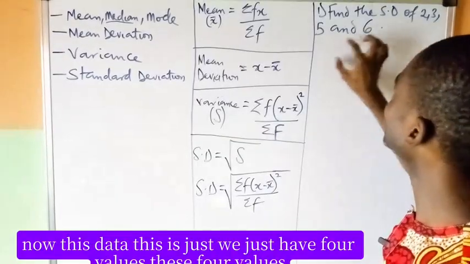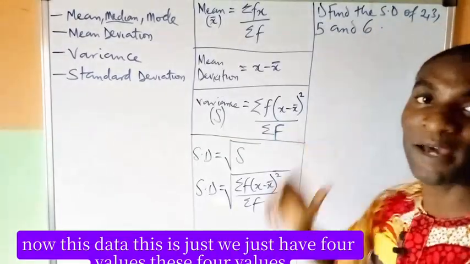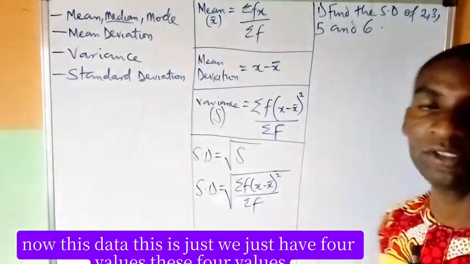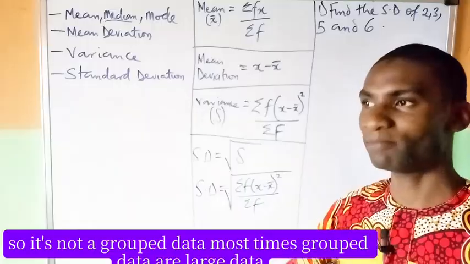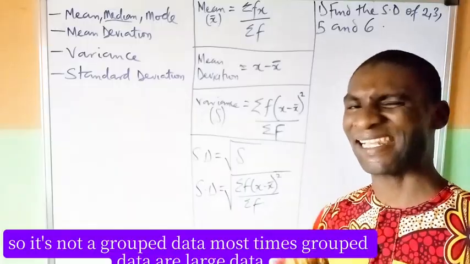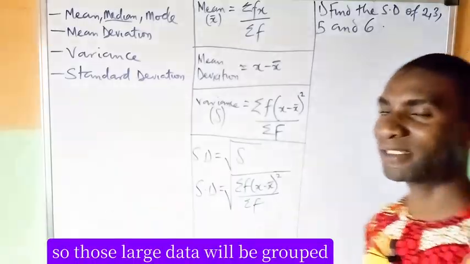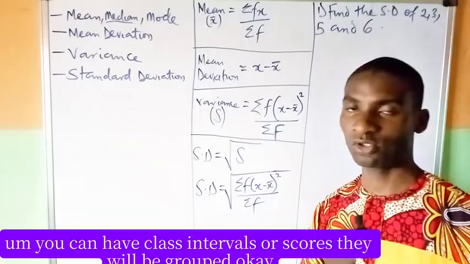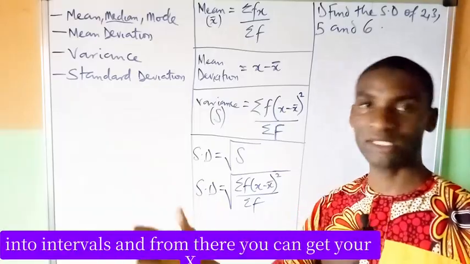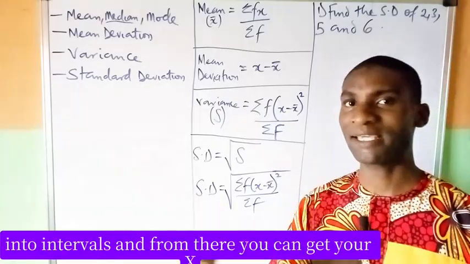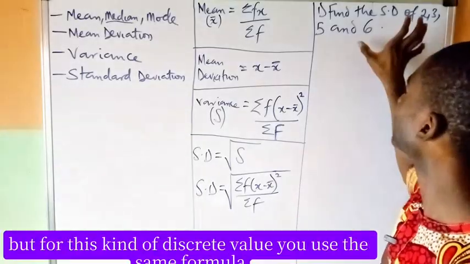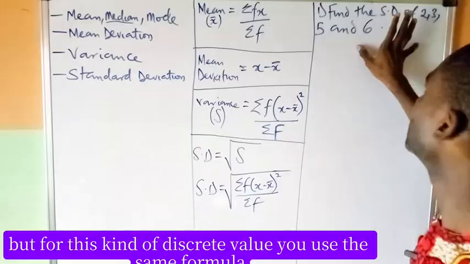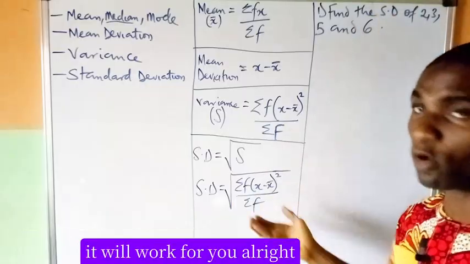Here we just have 4 values, so it's not grouped data. Most times grouped data are large data, which will be grouped into class intervals or scores, and from there you can get your x. But for this kind of discrete value, you use the same formula, it will work for you.